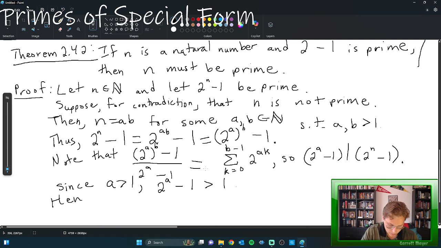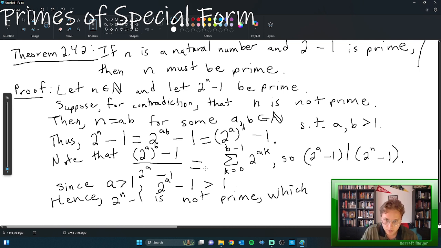Hence, 2 to the n minus 1 is not prime, which contradicts the statement above that 2 to the n minus 1 is prime.